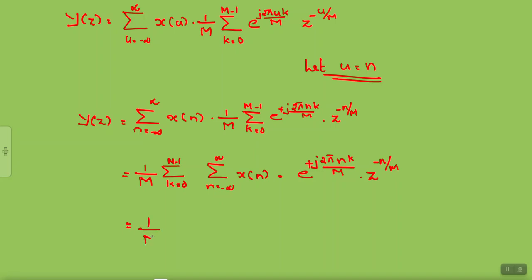So 1 by m summation k equal to 0 to m minus 1, summation n equal to minus infinite to plus infinite x of n into e raised to j 2 pi k by m z raised to, I am taking minus 1 outside, 1 by m the whole raised to minus m.